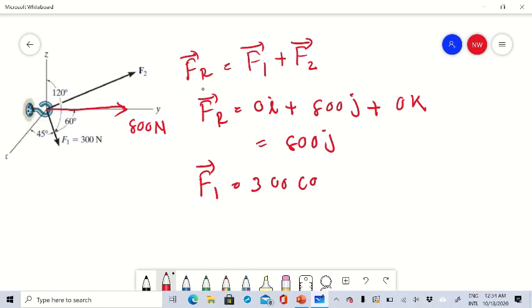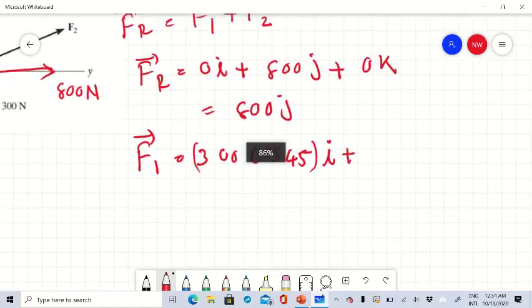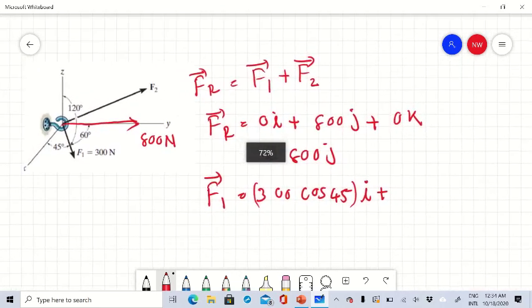300 cos 45. Angle is 45, right? Angle between the positive x-axis and the tail of the vector is 45. Then the unit vector i, right, plus the projection of this vector in y direction is 300.